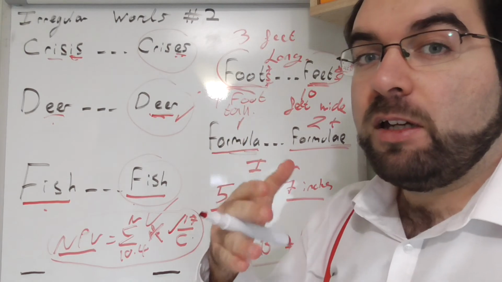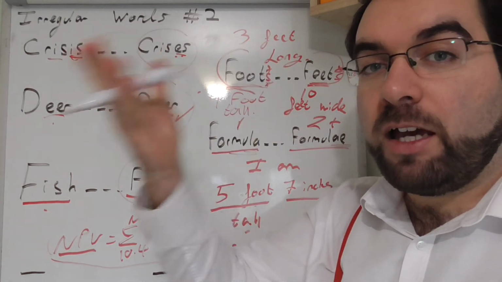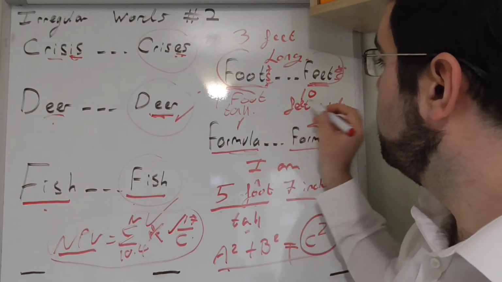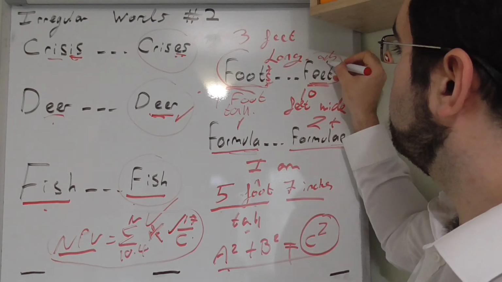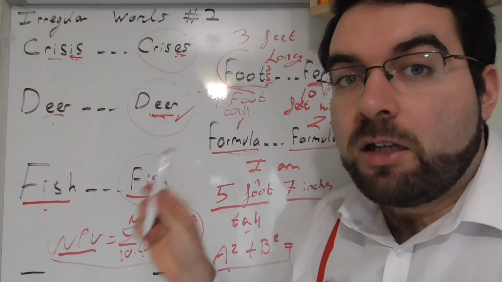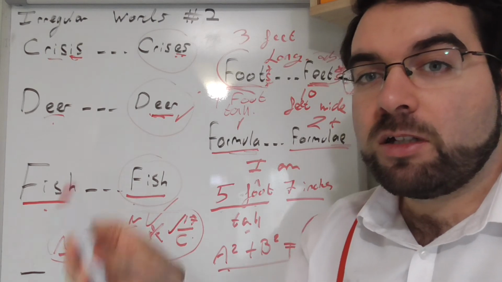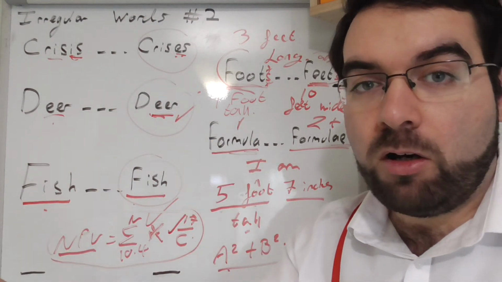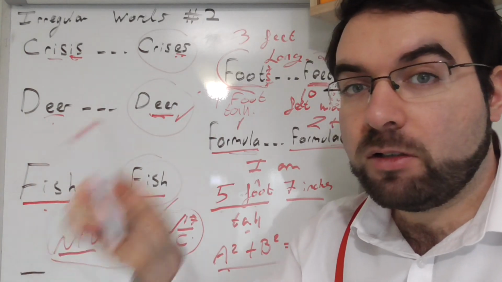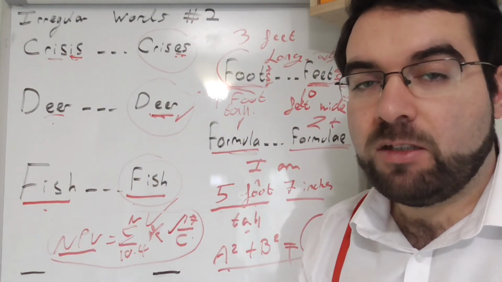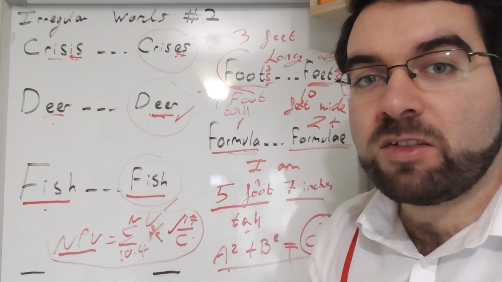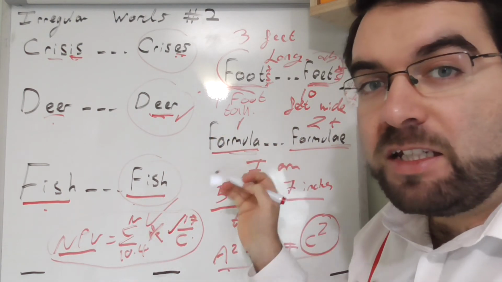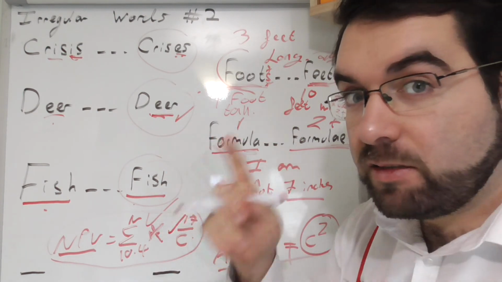I am 5 feet tall, adjective, and this is like a noun. But like most of the things in English, any native speaker will understand what you're talking about. If you say 5 feet long, 5 foot long, they'll understand. So don't worry too much about the exact details, but be aware that these details and differences do exist.